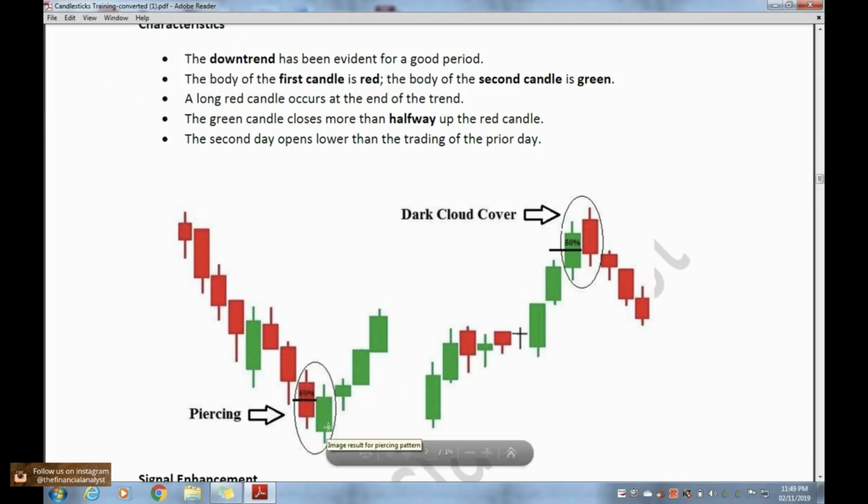So this shows us that the bulls are now back in control, and this will more often than not be formed at the support level. We'll be discussing support and resistance in the coming videos, and prices then start to make higher highs and higher lows. Dark cloud cover will be discussed in another video. This is basically nothing but the bearish counterpart to the piercing pattern.